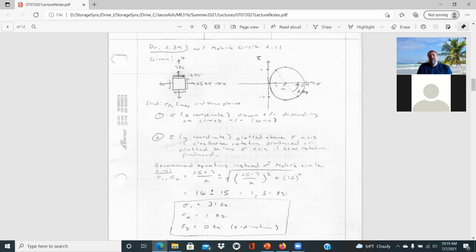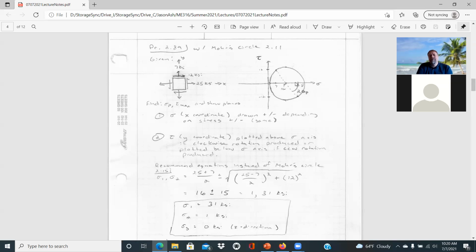In your Hibbeler textbook, they kind of show sigma to the right, tau positive down. But I recommend establishing it in this manner, where you have sigma to the right, tau positive going up. And in terms of plotting that, then your normal stress is just based on its sign. And so both of these, sigma x is going to be 25 KSI, and so we're out here to 25 KSI. And then the sigma y 7 KSI, over both on the right-hand side from the origin.